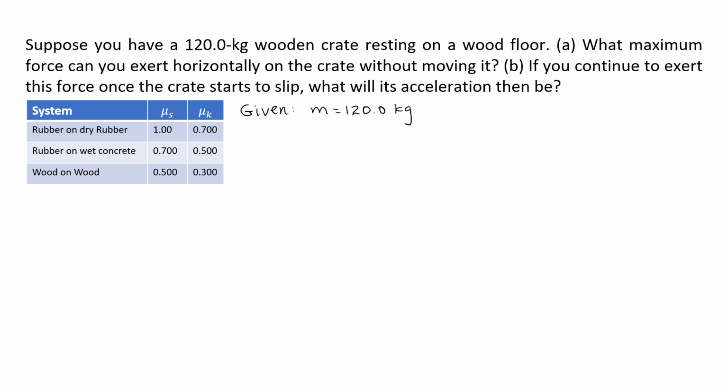Therefore, the coefficient of friction, because it says resting, it's not moving, and that is static, is going to be, from the table, wood on wood, and mu sub s will be 0.500.